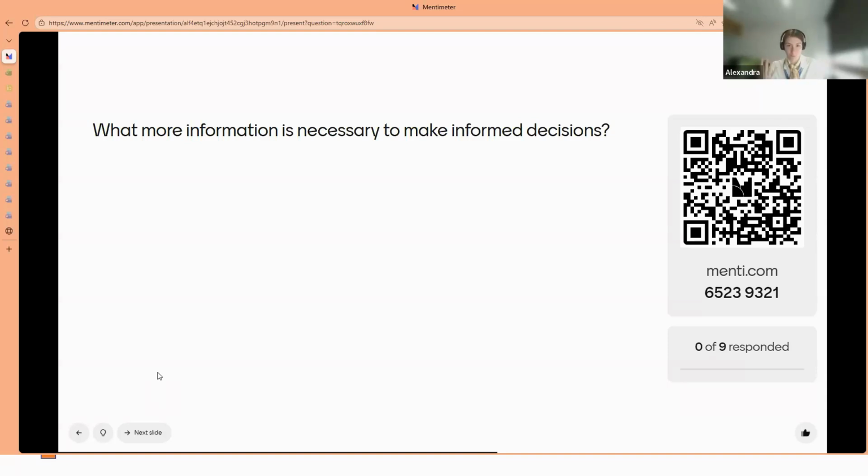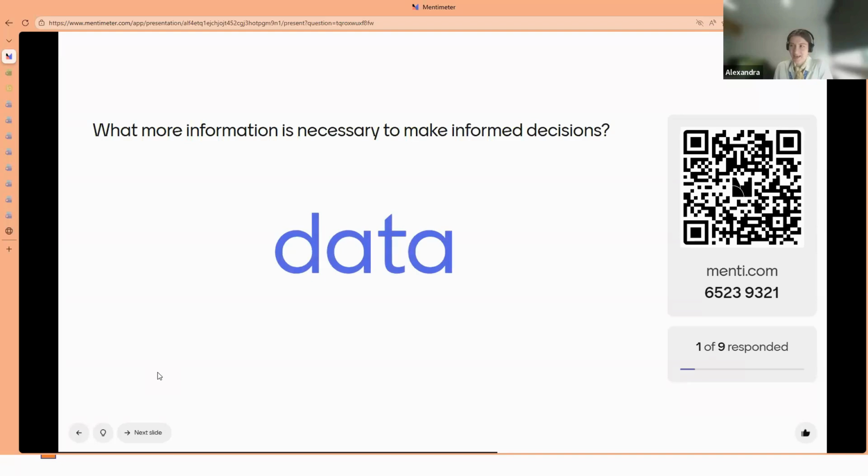So I want to hear what you think is what you are interested in finding out. Yes, data. Or do you mean exact numbers data, or do you mean a specific for one specific thing? You can be a bit more exact with what sort of information you want.